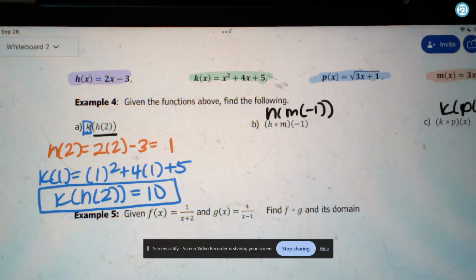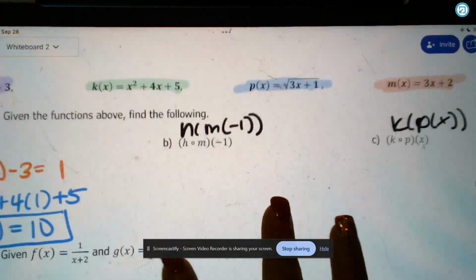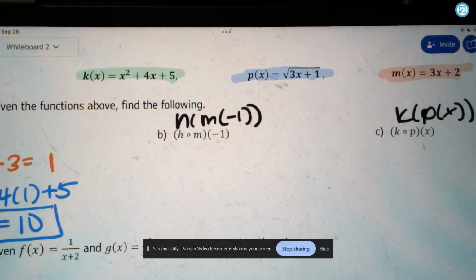If you get done with B, check your answer with a neighbor, see what they got. If you disagree, see where you went wrong, see who's right. Don't just assume they're right. All right, so I'm going to work out B. You can continue to work on C, and you can check your B with mine once you finish.